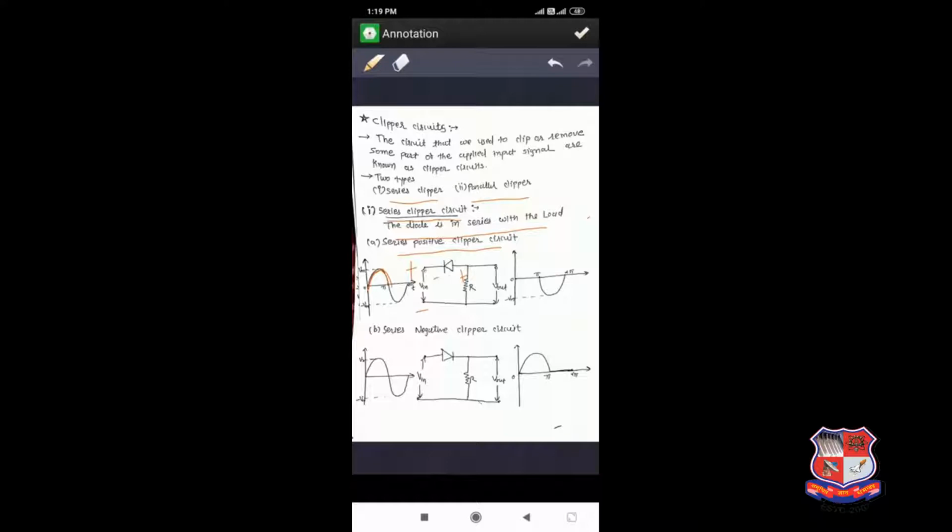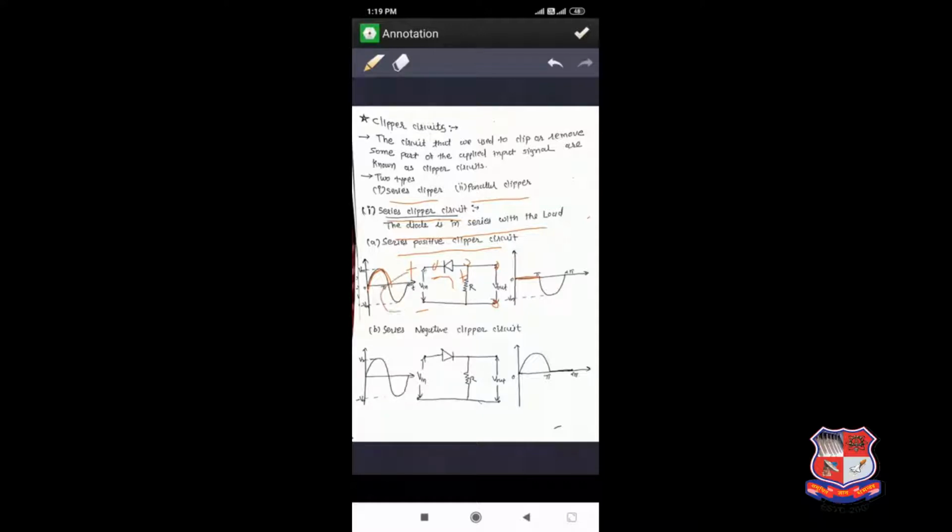So this diode acts as an open switch, and no current flows through it. So the output voltage for this positive cycle is 0. During this 0 to pi duration, the output voltage is 0.